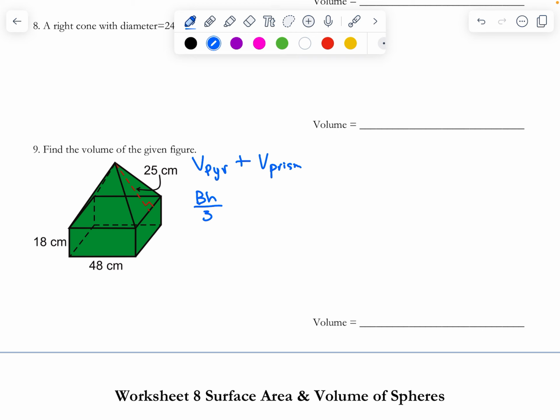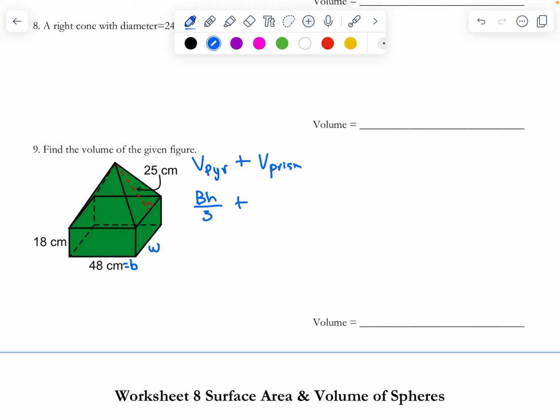And then the volume of the prism, well, that's the area. So let's say, again, let's do base of the prism. So in this case, instead of saying base again, I'm actually going to say that if this is lowercase b, this is going to be my width over here. Now, this is a rectangular prism.